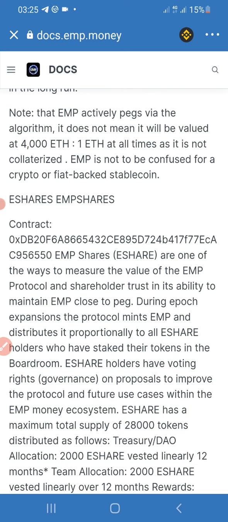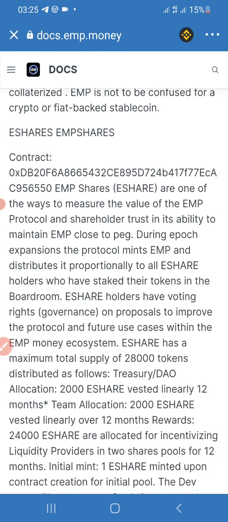EMP. So it's like buying Tesla. I buy Tesla shares because I believe that Tesla, which is the stock market, will do well. And I can actually buy Tesla bonds because I know Tesla has long-term longevity. So it's the bond that supports the shares, and the share is the show of trust for the assets. So the ESHARE is the same way.